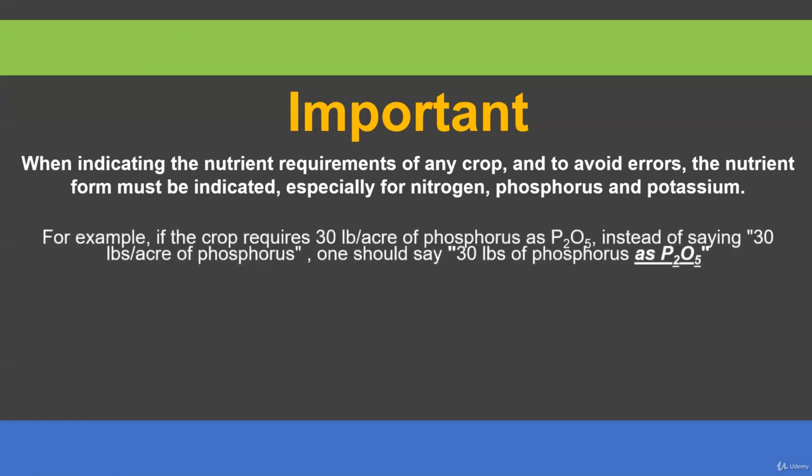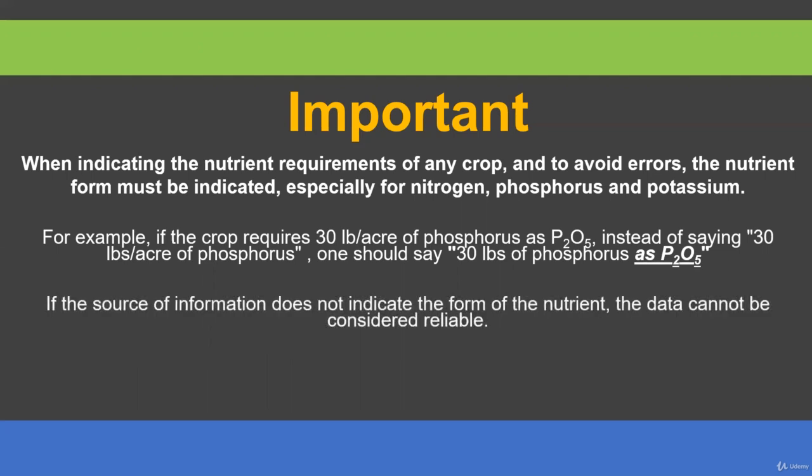For example, if the crop requires 30 pounds per acre of phosphorus as P2O5, we don't say the phosphorus requirement is 30 pounds per acre. We should say the requirement is 30 pounds per acre of phosphorus as P2O5.